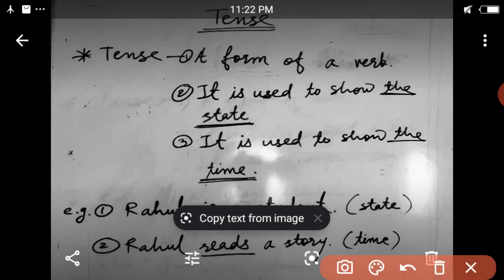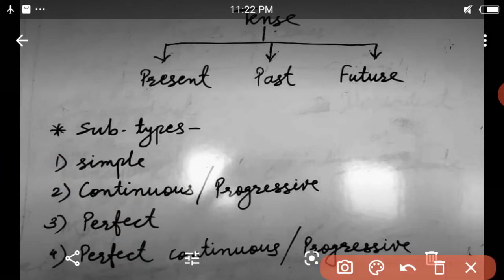Next, the two examples according to state and time, as the tense is used to show the state and time. Next, I explained the main types of tenses and their subtypes.